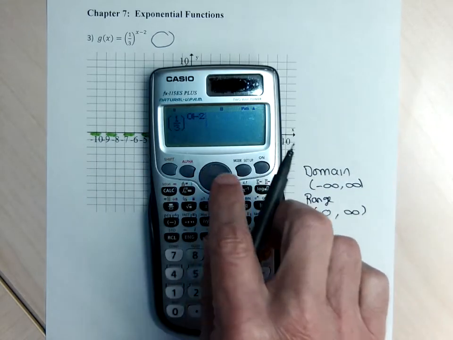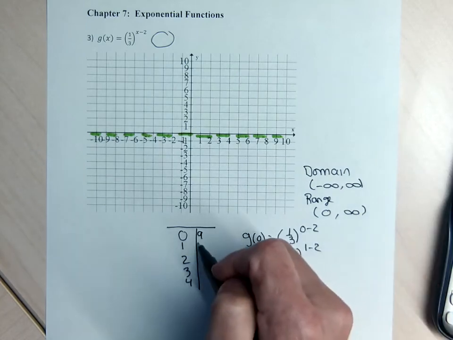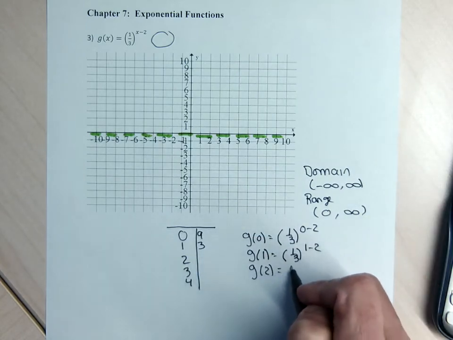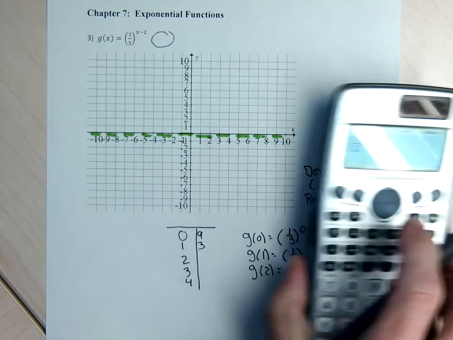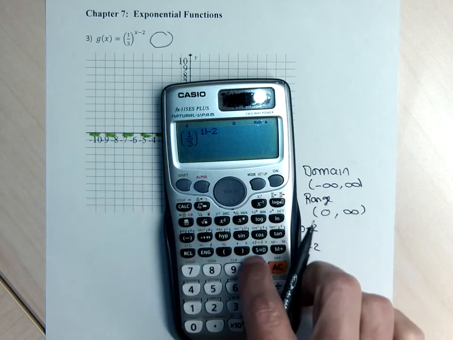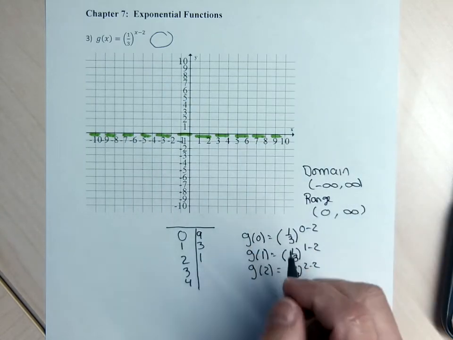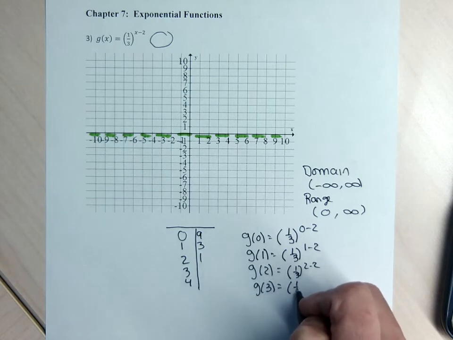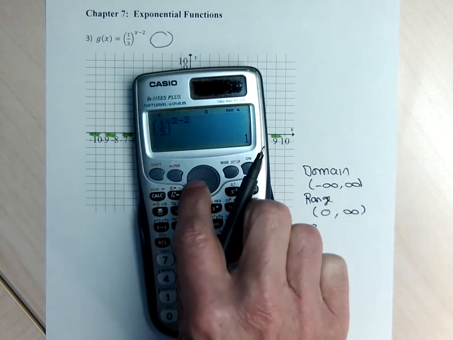That's going to change that 0 to a 1. That's going to give me 3. And then g of 2 is going to be 1/3 to the 2 minus 2 power, which is 1. And then g of 3 is going to be 1/3 to the 3 minus 2 power, which is going to be 1/3. I don't know what's going to give me.